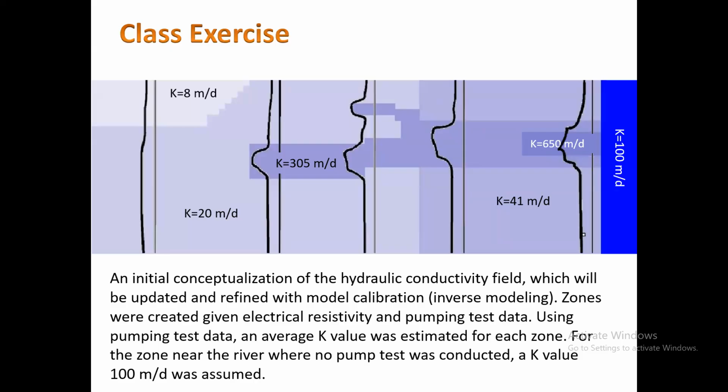And in my aquifer, I have a river here, and that river again could be a source or a sink, depending on the head. If the head in the river is higher than the head in the aquifer, then water will flow from the river to the aquifer. If the head in the aquifer is higher than the river, then water will flow from your aquifer to your river.